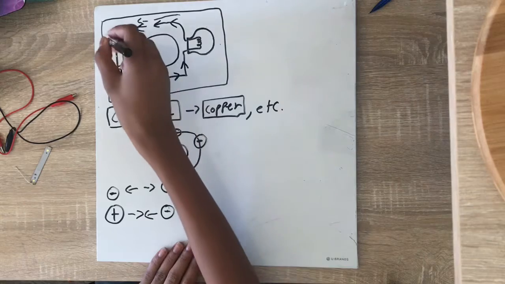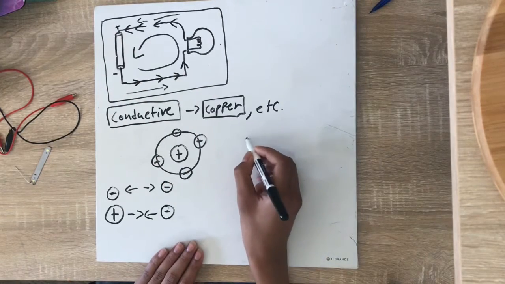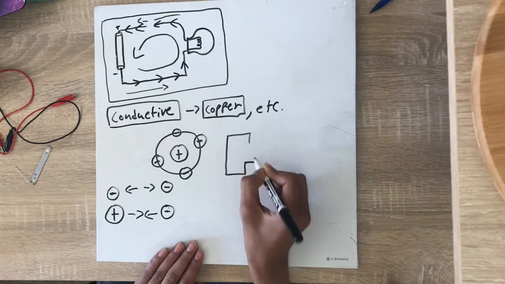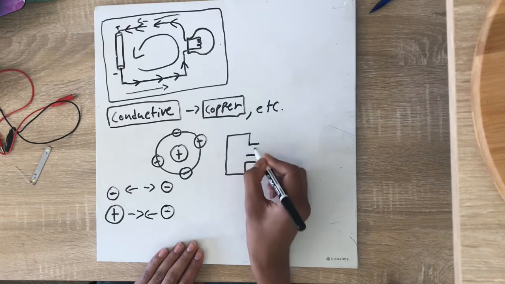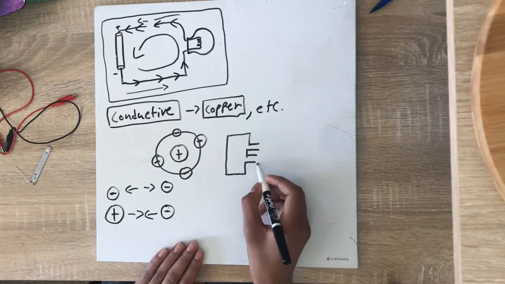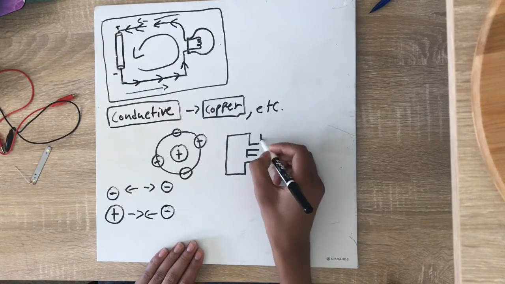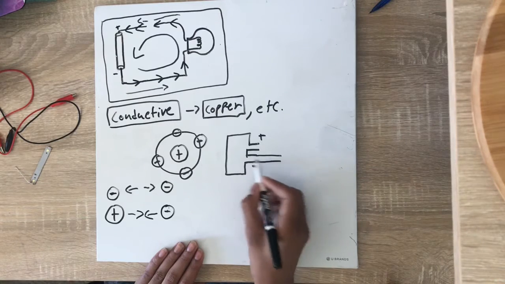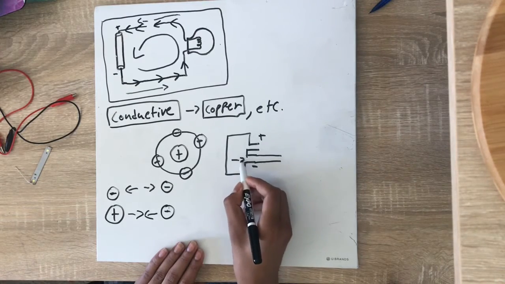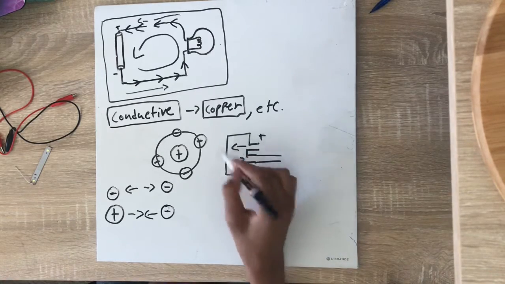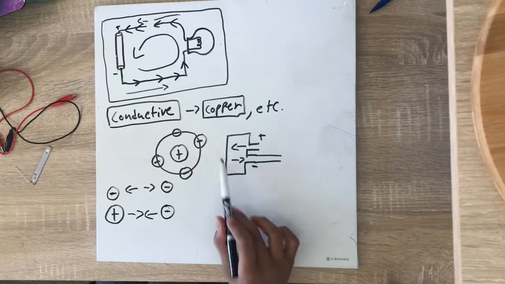So we can say that this battery here is like a water tank. A water tank has the entrance and the exit here. So we can say that this is the negative side and this is the positive side. The water flows out through this pipe and flows in through this pipe. So this is a battery in terms of a water tank.